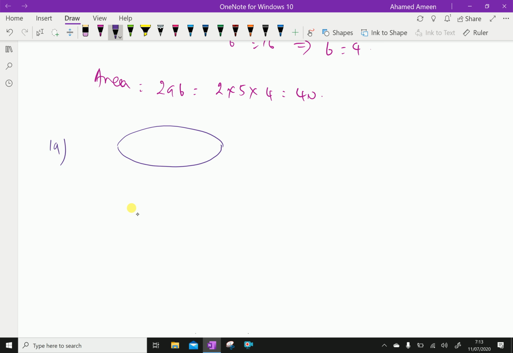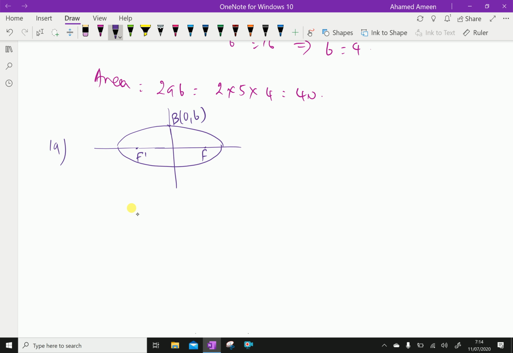This is the ellipse, the coordinate axes, this is F dash, the focus, and this F. B is a point on the ellipse as well as on the y axis, that is 0, B.